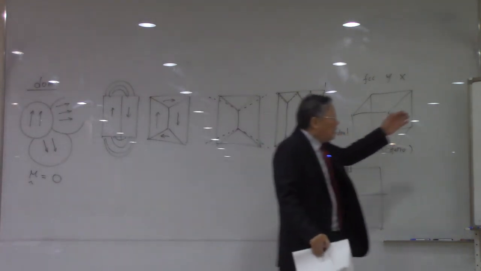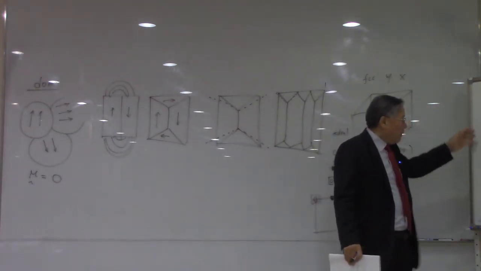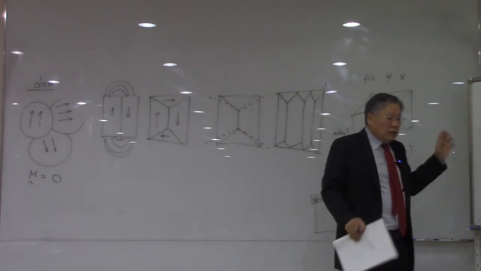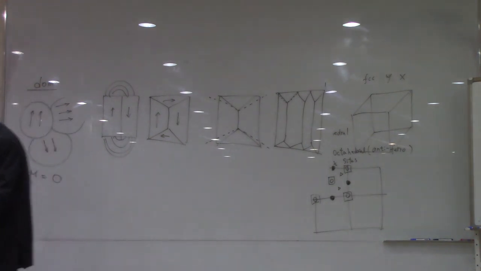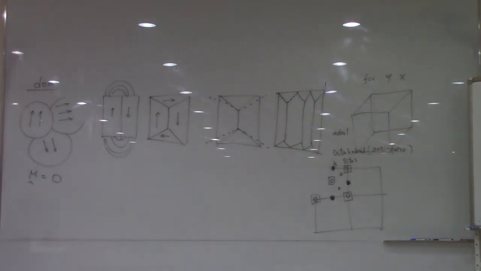As you can see, these five energies are in a struggle to make the total magnetic energy the lowest.